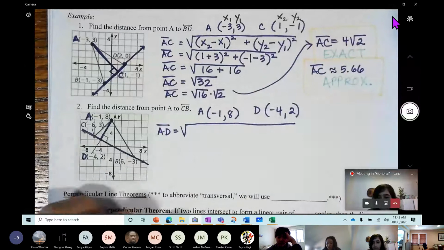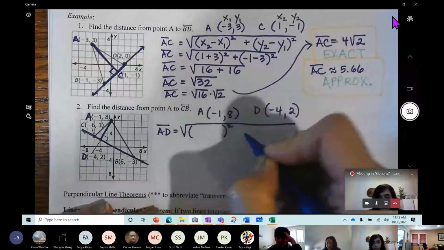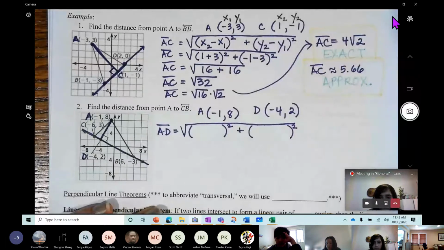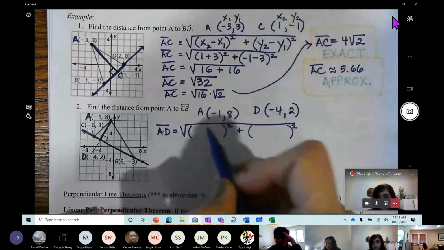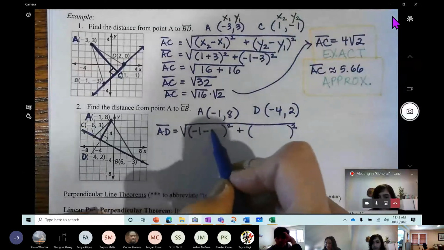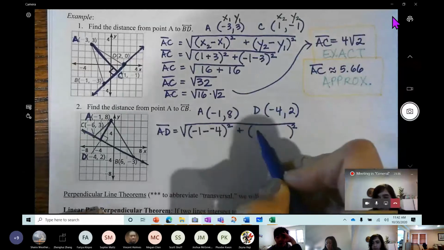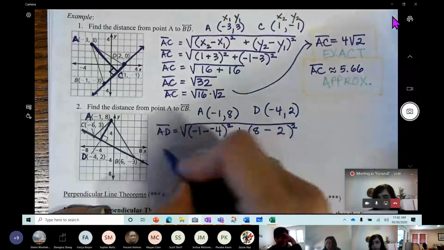I'm just going to go straight to the equation, see if I can plug these in. So I know that I'm going to do the difference in the x's squared plus the difference in the y's squared. So I'll do -1 minus -4 for the x's, and I'll do 8 minus 2 for the y's.